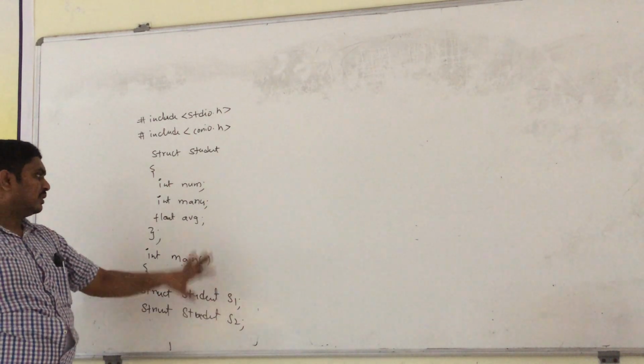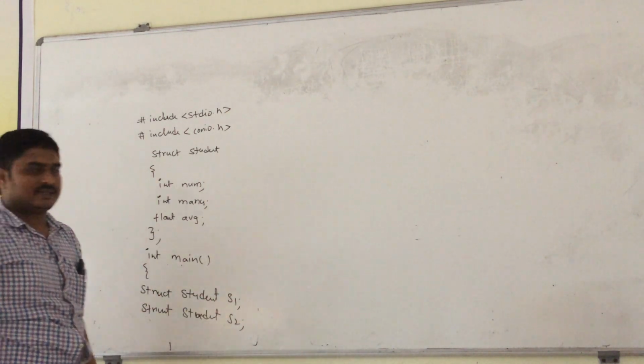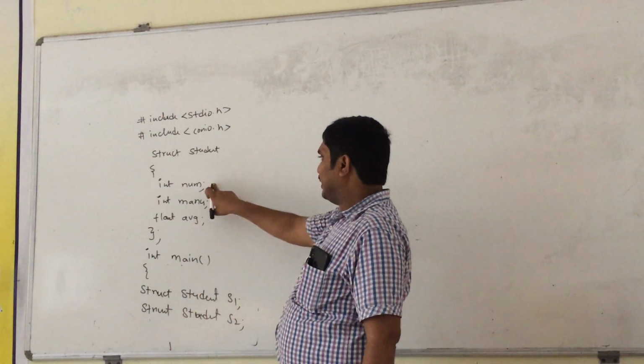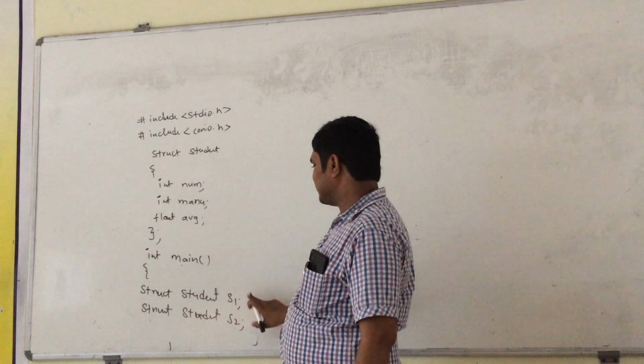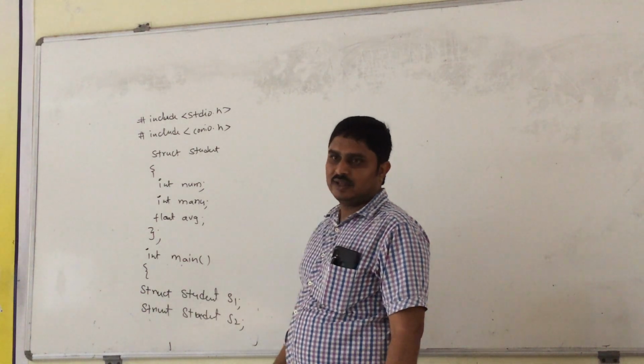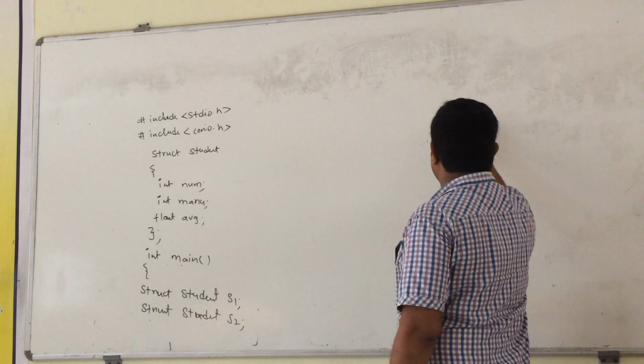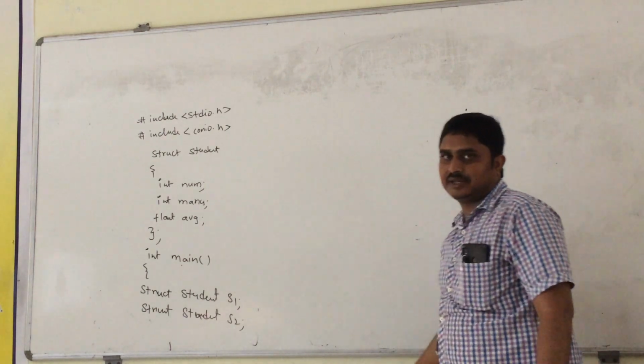I am taking the data for two students. First I enter the first student's number, marks and average. For this we use either the dot operator or the arrow operator.